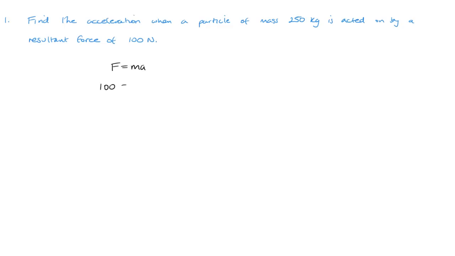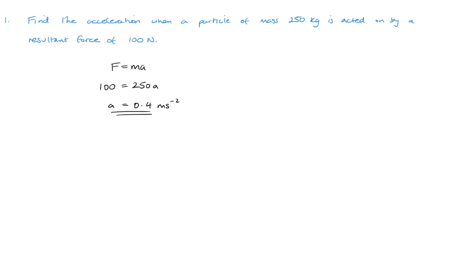The resultant force is 100, the mass is 250, and a is the acceleration. So a is equal to 100 divided by 250, which is 0.4 meters per second squared. And that was the nice warm-up question.